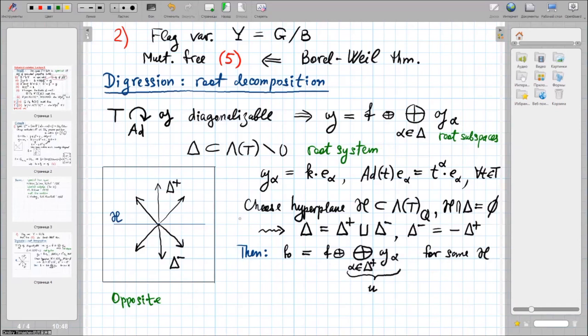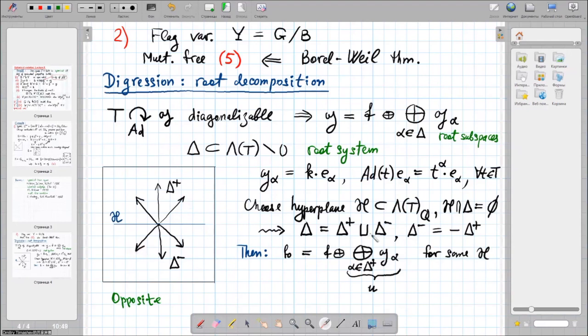Well, delta is just symmetric with respect to 0. So for any root, the opposite vector is also a root. This condition doesn't depend on H. It just says that if you have a root, then the opposite vector is also a root.